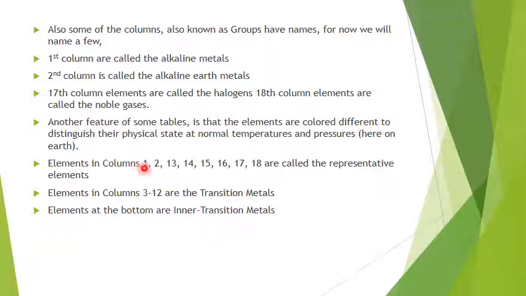All right, the first 2 columns and the last 6 are called the representatives. Elements 3 through 12, those guys in the middle, are called transition metals or elements. And then the elements at the bottom are called inner transition metals. Okay, at this point, we'll go into more specifics.